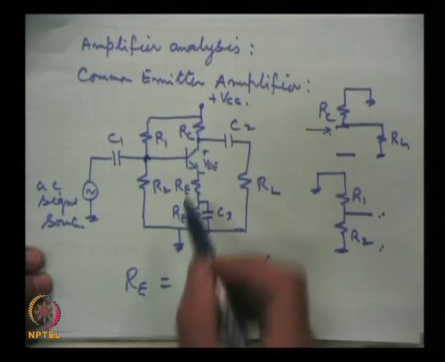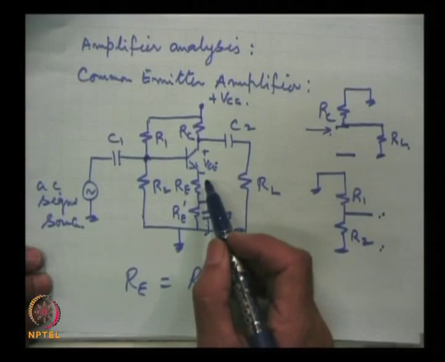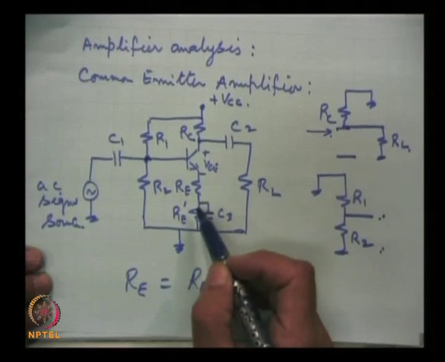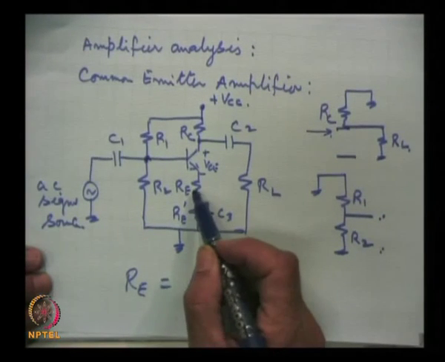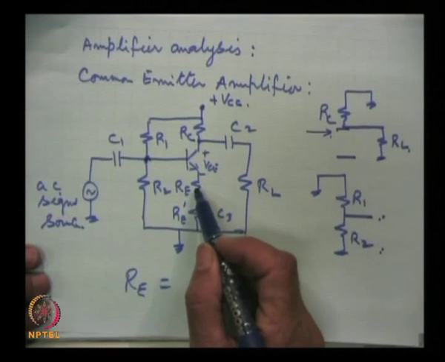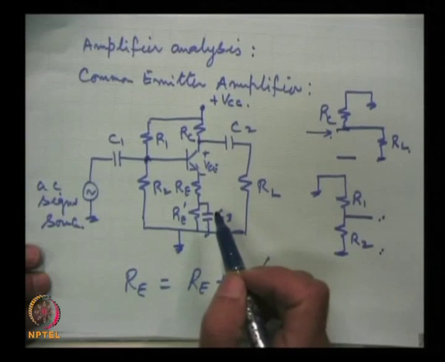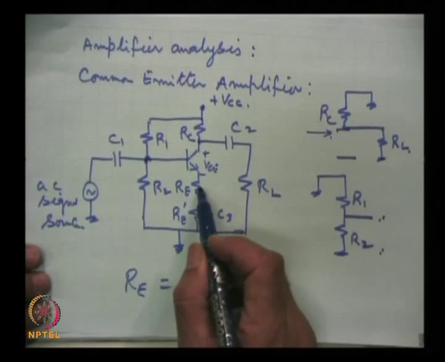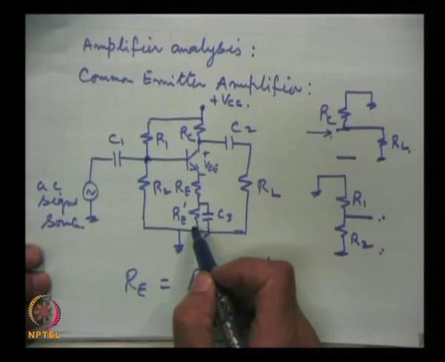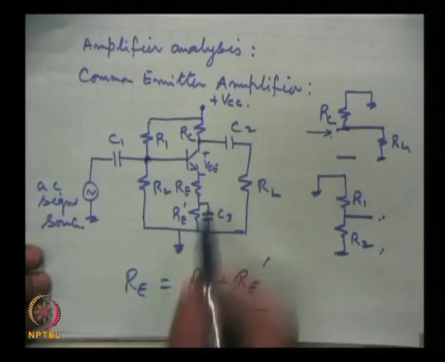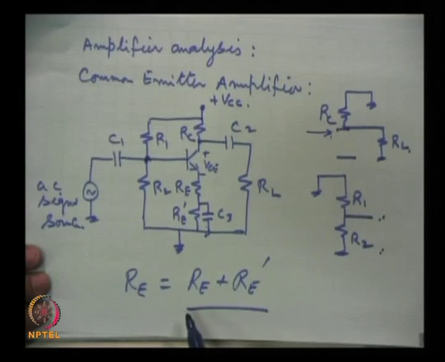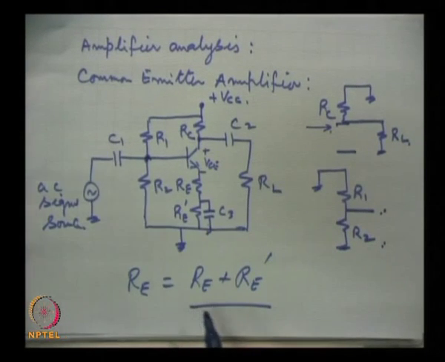This may be small as compared to this, but not small enough in comparison with the dynamic emitter resistance. So, for example, it may be 200, and this may be 800 and so on. That is the best way, and this design feature is often incorporated in the amplifier design by the manufacturer.